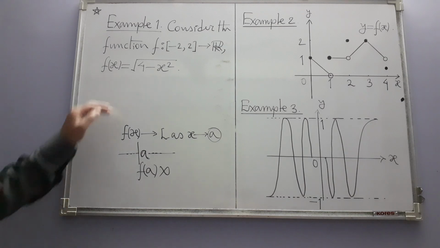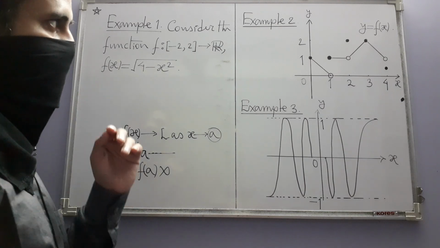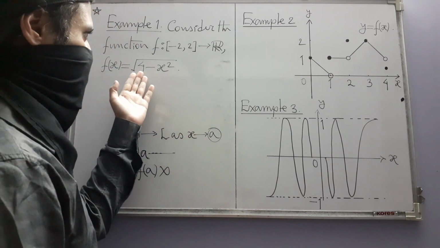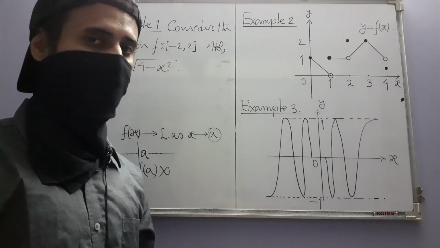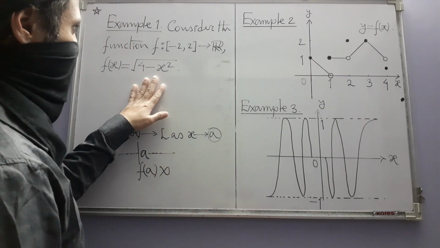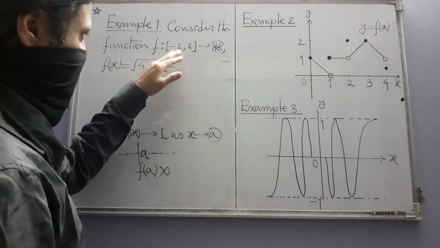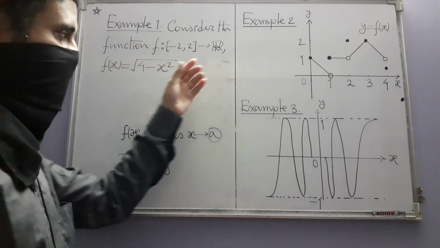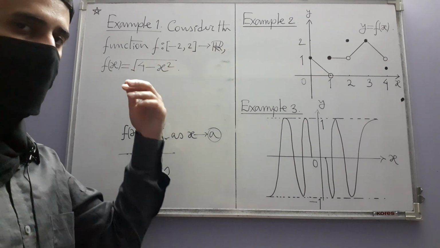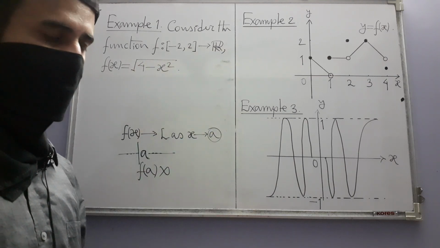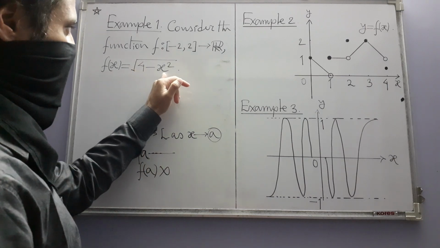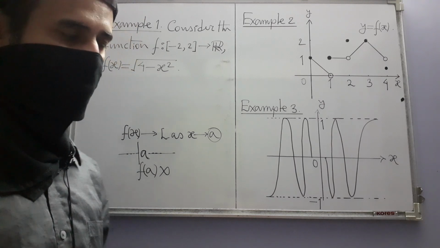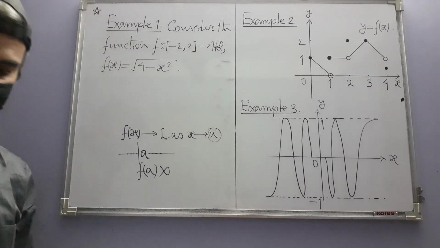This formula defines a function which we have seen already in the part where we discussed functions themselves, and there we saw that this is in fact the largest subset of R on which this is meaningful. Outside of this it becomes meaningless, because you get a negative number under the radical, which is no longer a real number. It becomes a non-real complex number.